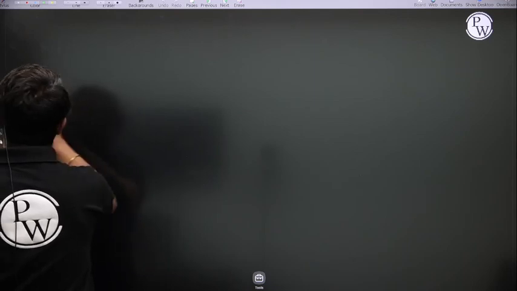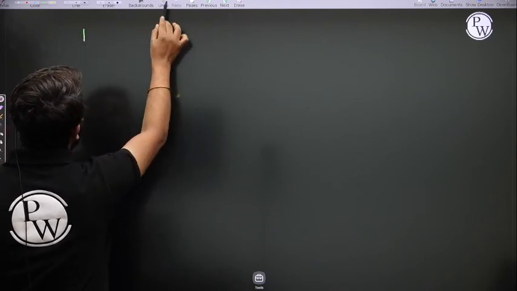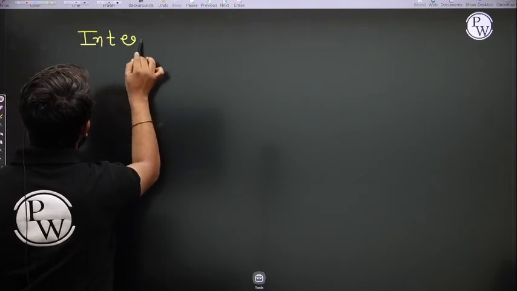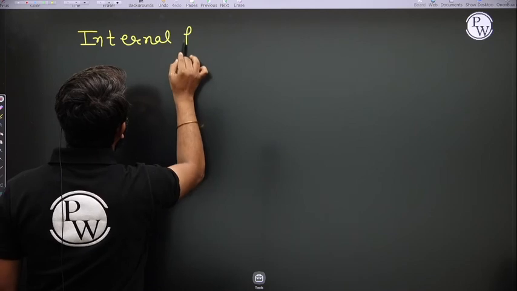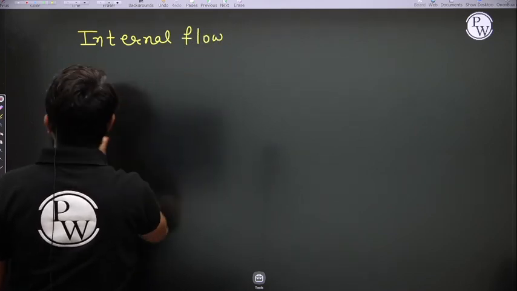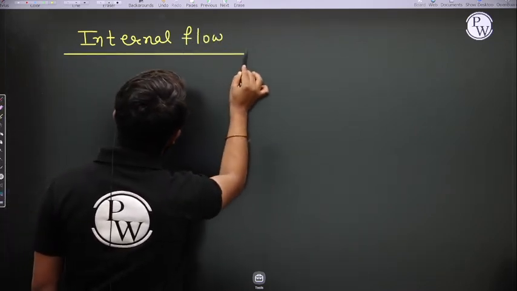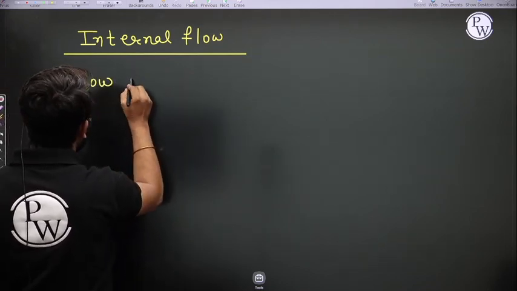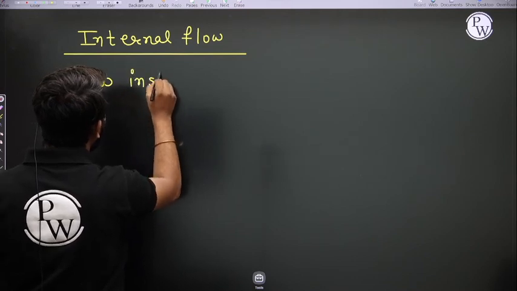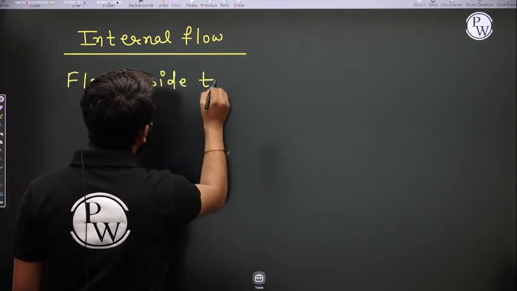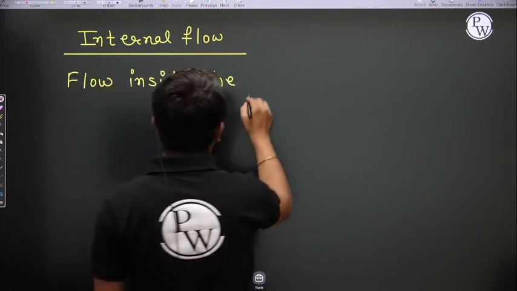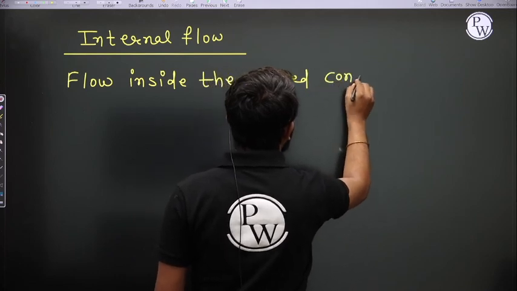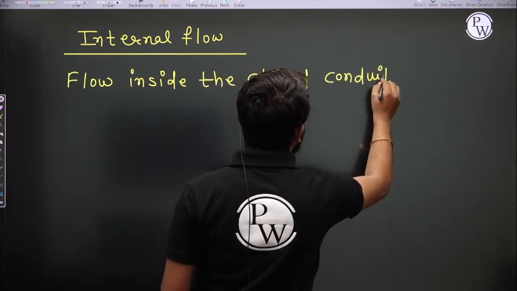Internal flow. So what is the internal flow? As I already told, internal flow is the flow inside the closed conduit, right?